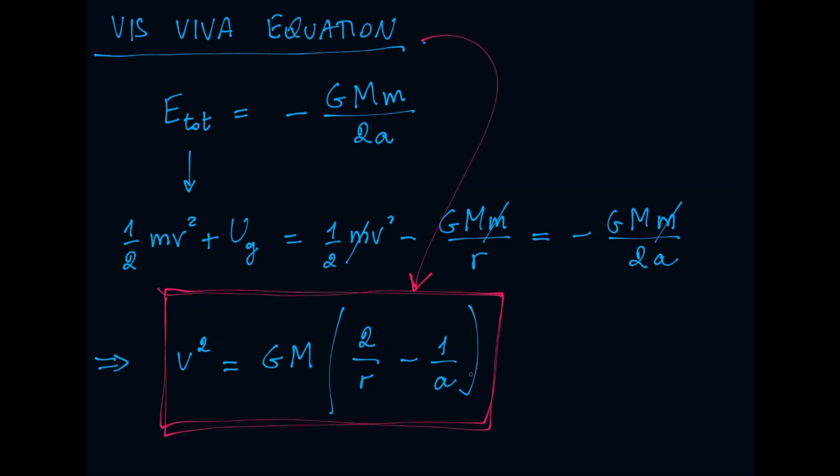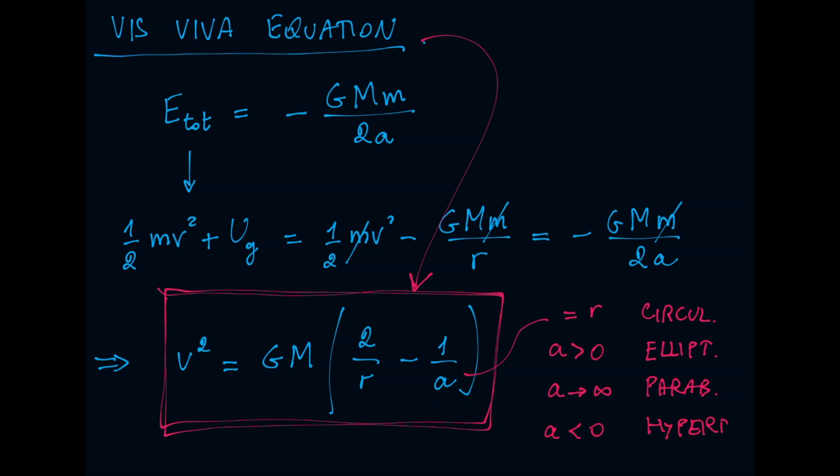Again, this could be equal to r for circular orbits, positive for elliptical, infinity for parabolic, and negative for hyperbolic orbits.